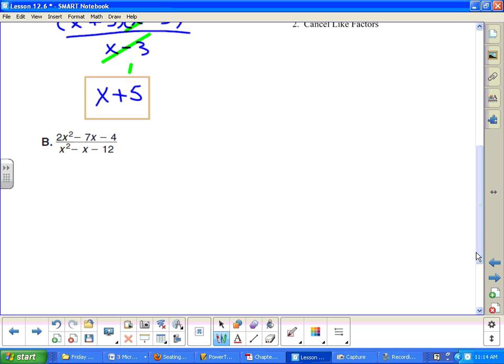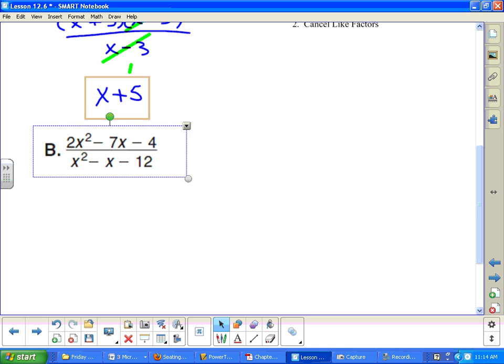And letter B here, a little bit tougher because the numerator is a little bit harder to factor. So we're going to have to use the, you could use the guess and check method for factoring this, or you could use that slide and divide method. And so let's review that for a moment.